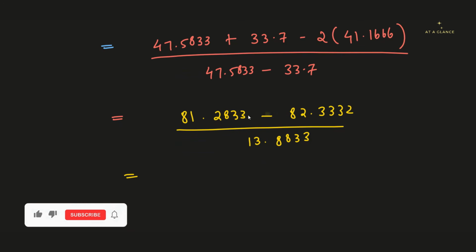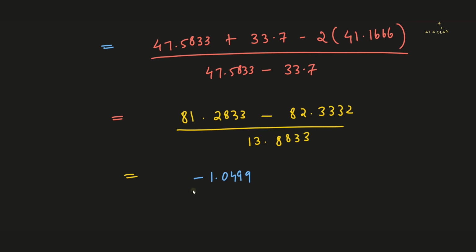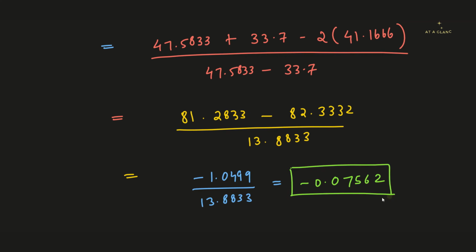Now, when we calculate the upper part, that is the numerator, we get minus 1.0499 divided by the lower part, which is 13.8833. Now, when we divide this, we get the final answer, and the final answer is minus 0.07562. So this is the measure of skewness that we have got with the help of Bowley's coefficient of skewness method.